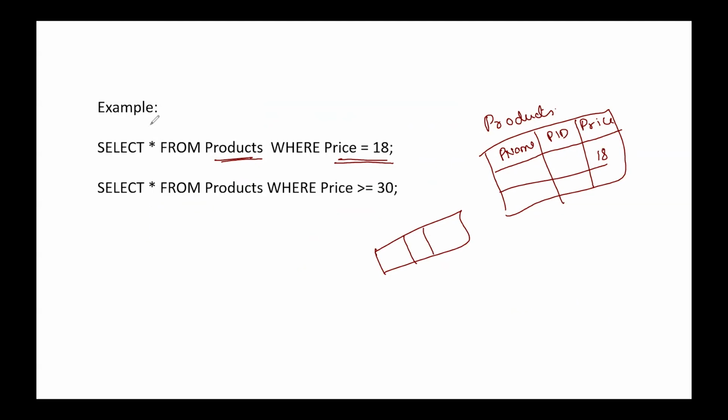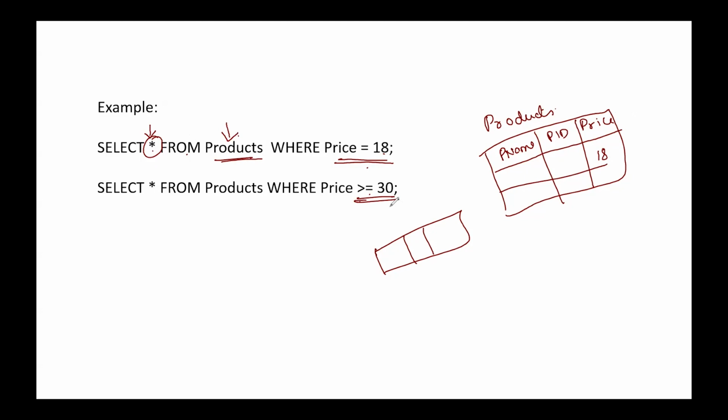Select star. Since it is saying select star, all the attributes will be selected. Select all the attributes from the table products where the price is equal to 18. So in this case, all the products whose price is 18 will be displayed, and all the attributes will be displayed mainly because of this star. Similarly here, select star from products where price is greater than or equal to 30.